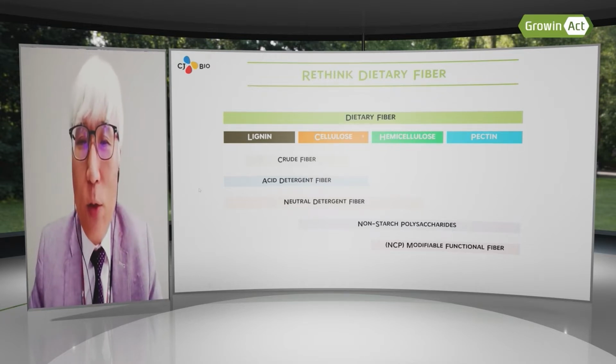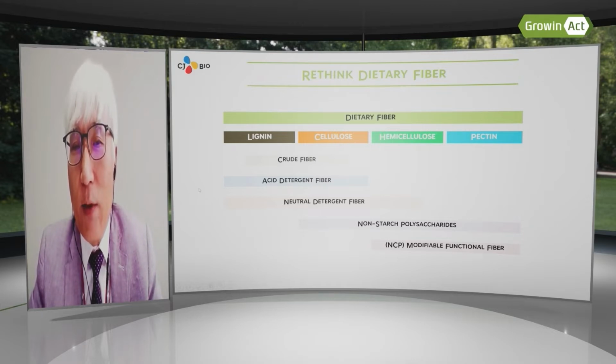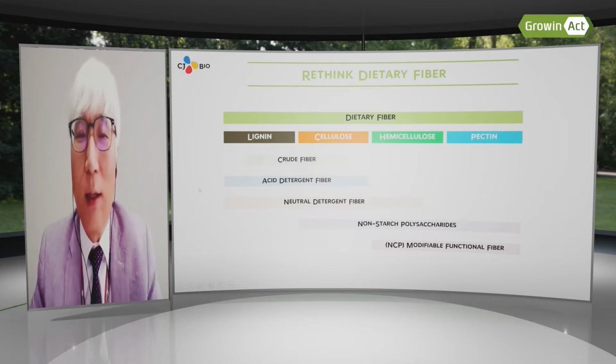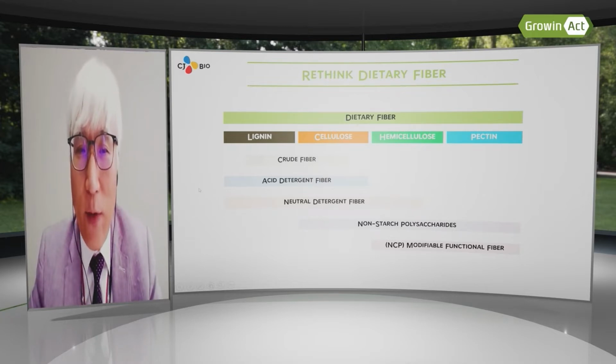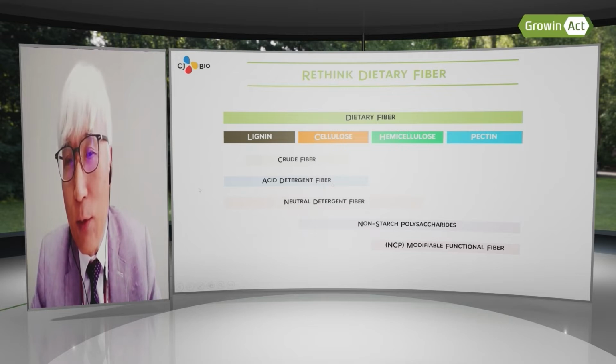But if you look at these older classifications of fiber, crude fiber, NDF, and ADF, these methods hardly included any of this functional fiber fraction, yet we've been discussing loads of this fiber in monogastric animal nutrition.